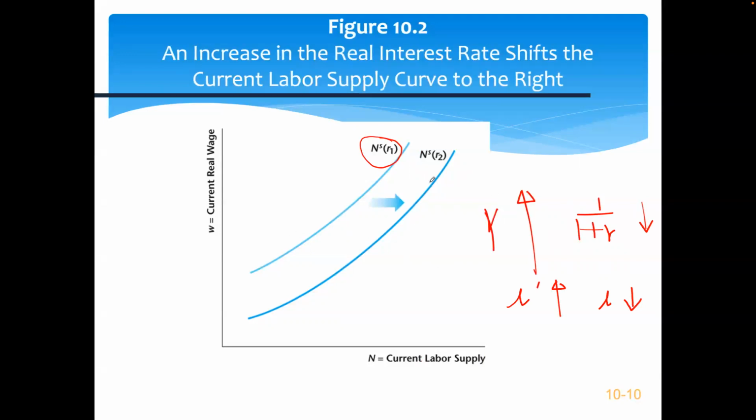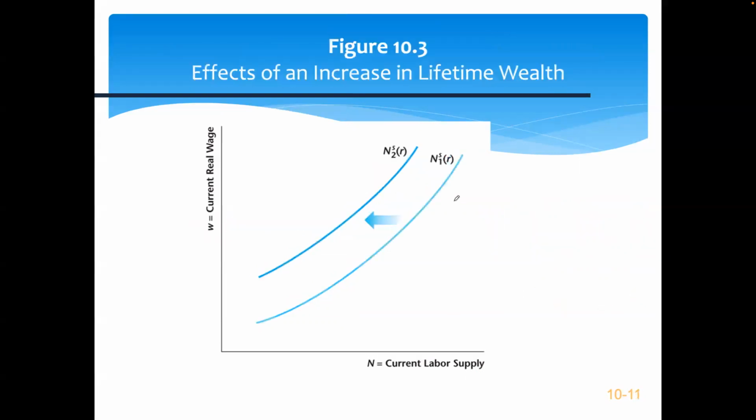This is when wage doesn't change, right? So for any wage, you can see if R increases, your labor supply is going to shift to the right. So this is the second observation. Now the third observation, right? If there's an increase in lifetime wealth, so say the government reduces tax and gives you some transfer, then your labor supply is going to decrease.